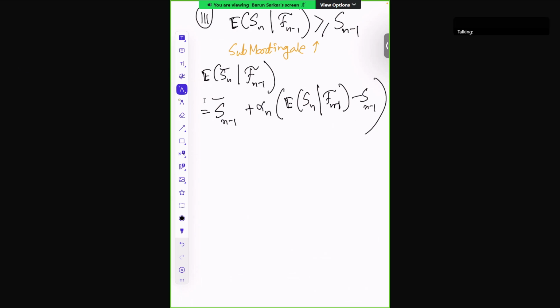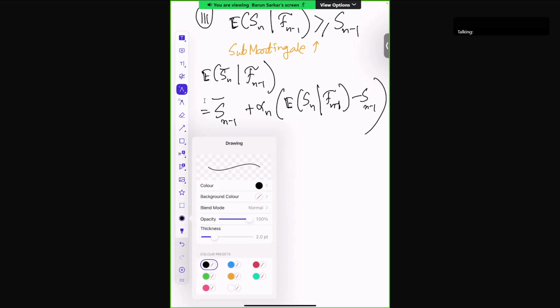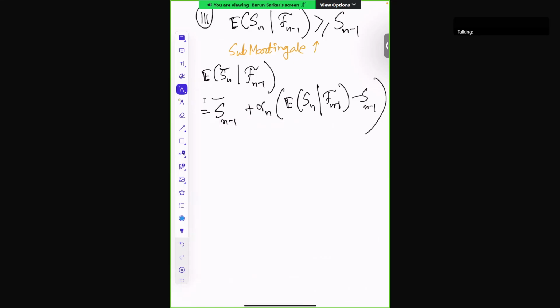Now, because of the submartingale, this part is greater than or equal to Sn minus 1, right? So this part is greater than 0.